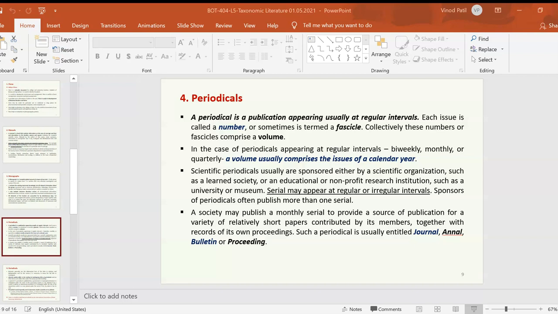In this way, periodicals may be sponsored by a scientific organization or sometimes by a learned society, like the Royal Society of England.